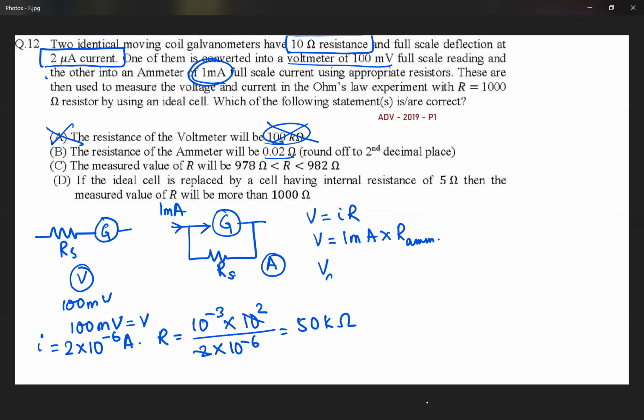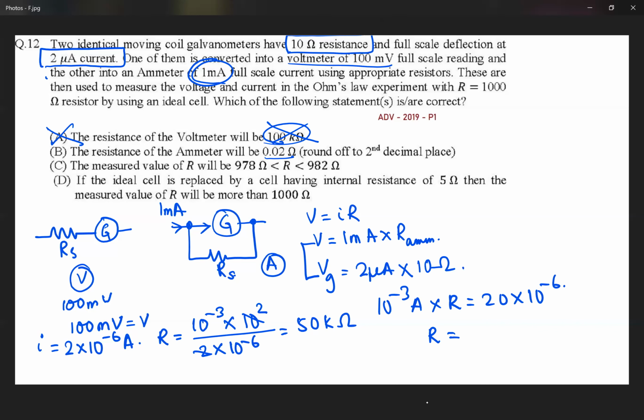So the voltage across the galvanometer will be 2 microampere multiplied by the resistance of the galvanometer, which is 10 ohms. The ends of the galvanometer are also the ends of the ammeter, because this total device is the ammeter, which means that both of these voltages should be equal. So 10^-3 ampere into the resistance is equal to 20 × 10^-6.